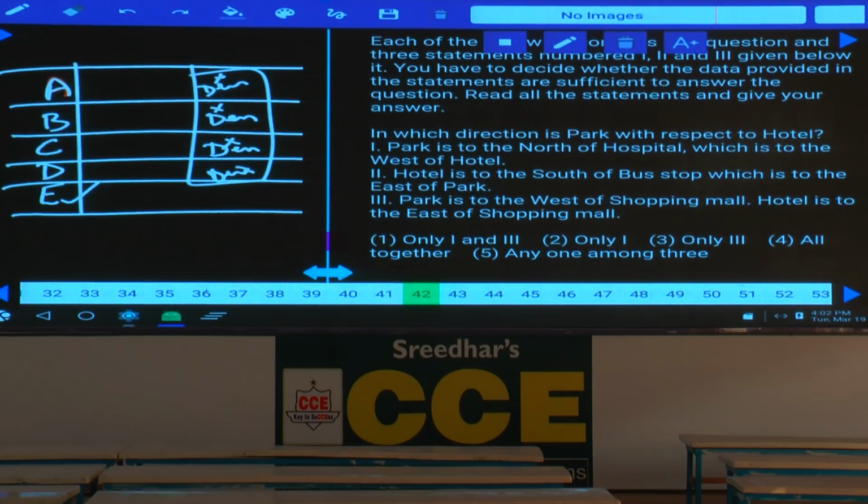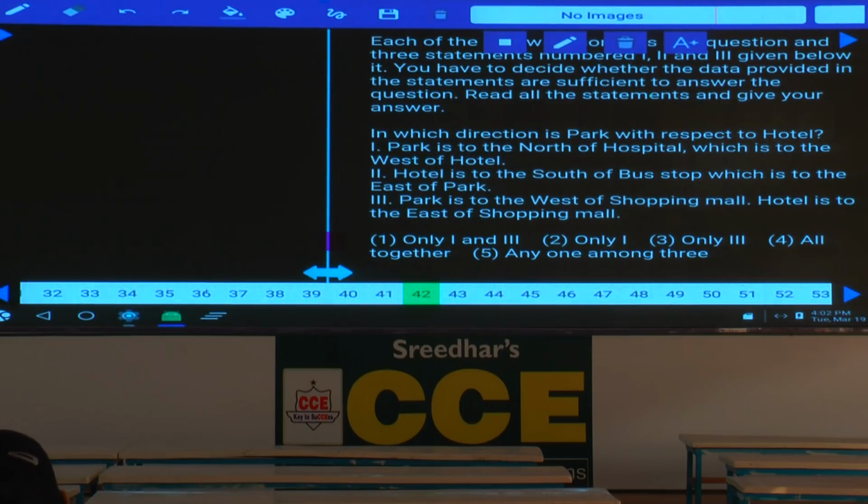Question 41, choice 3. Then question number 42. Now in this 42, in which direction is the park with respect to the hotel? Now the hotel is here. The direction of this park should be identified with respect to this hotel. If you go through the choices here, only 1, only 3 were there.